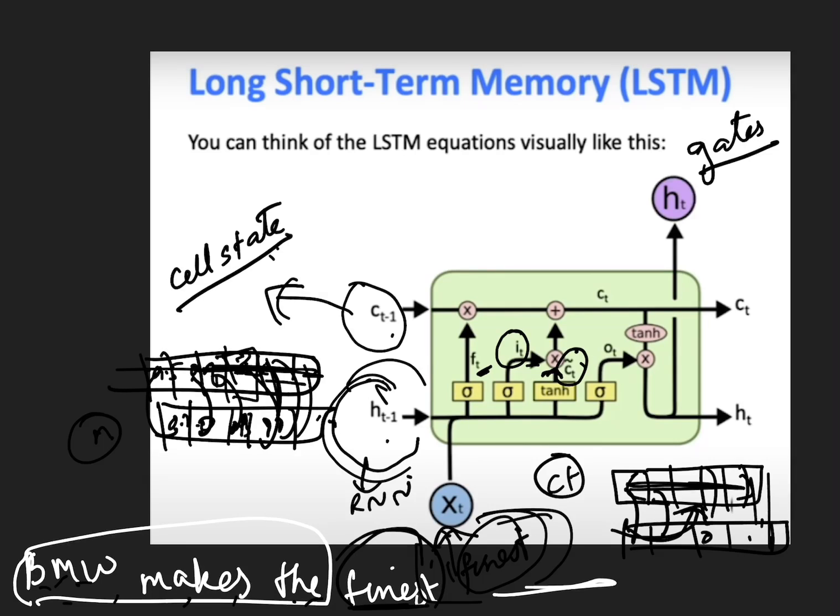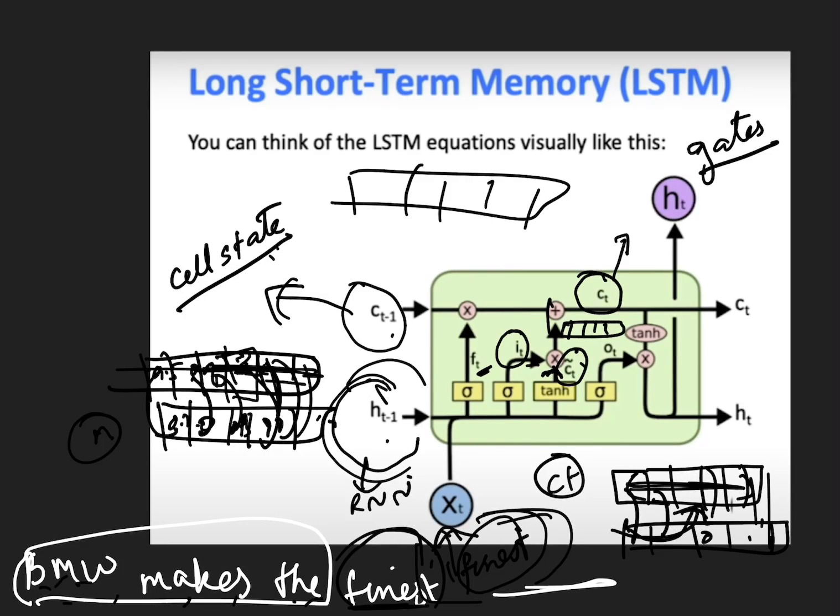After this multiplication, you get a condensed piece of new information. Condensed in the sense you've deleted whatever is unimportant and added the rest. So by the time you are in ct, it is again a vector.